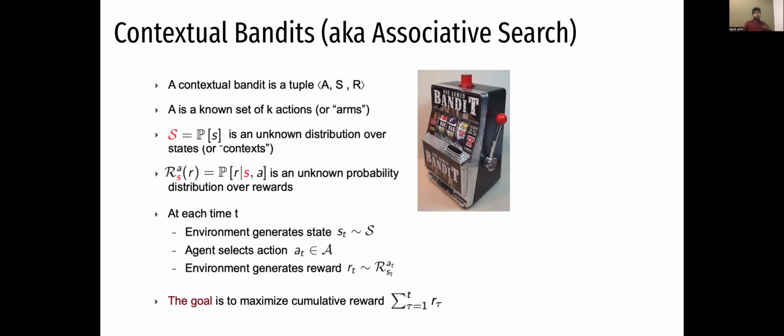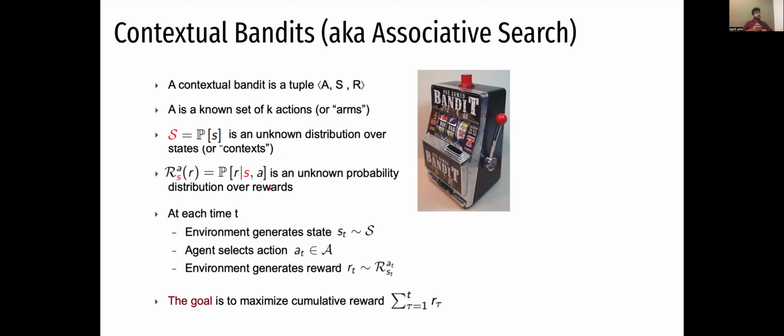So here you can see the contextual bandit is a tuple of action, state, and reward, A, S, R. A is a known set of actions, which are the arms. S is an unknown probability distribution over states. So here we are adding some context. And R is the reward distribution, the probability of reward given state and action, an unknown probability distribution over rewards.